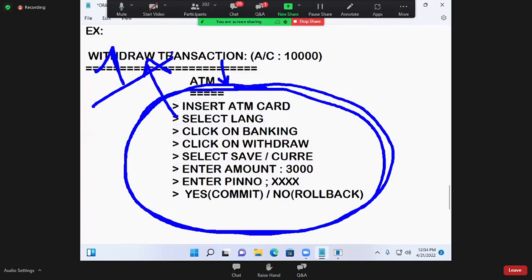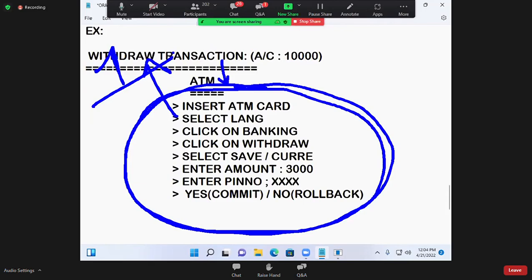Is it clear to all of you? With the help of the atomicity property, your database server will take everything you did, either 10 or 20 or 30 internal operations, combine them together, treat them as 1 transaction, and respond with that 1 transaction.